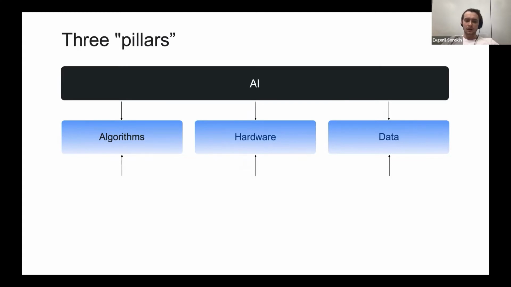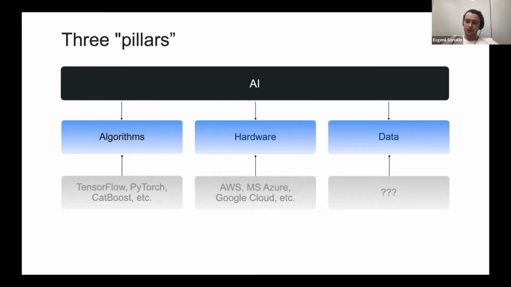For the hardware, this is a term about hardware resources like CPUs, TPUs, GPUs, on top of which you train your models, and the data, from which you take insights about your clients.